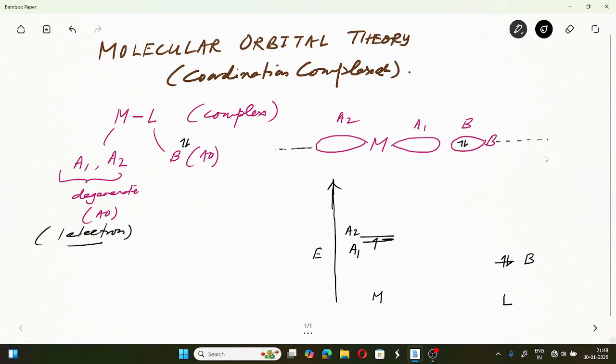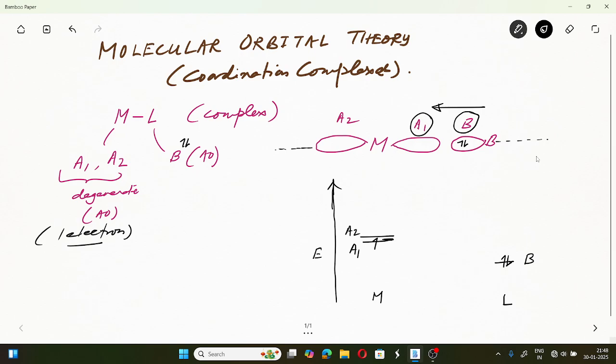Now if we think in terms of molecular orbital theory, when the ligand is approaching the metal center, what will happen? These two orbitals will interact to form a bonding and an anti-bonding molecular orbital, isn't it?